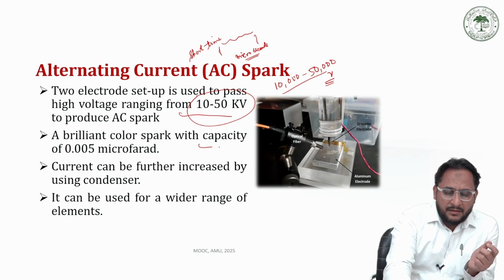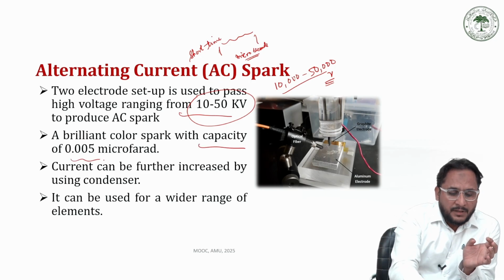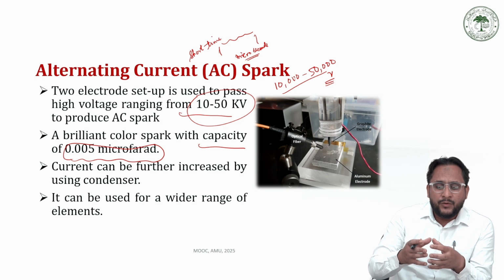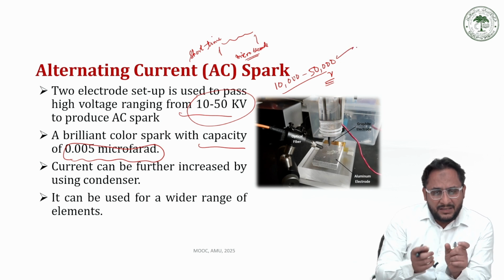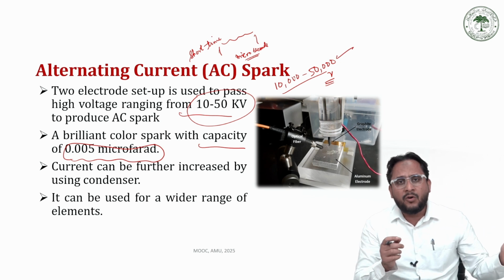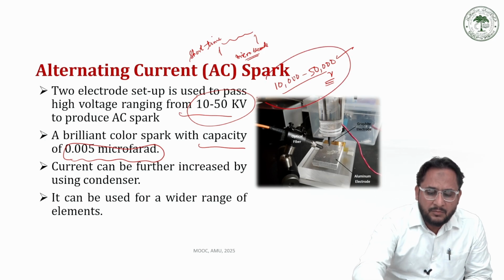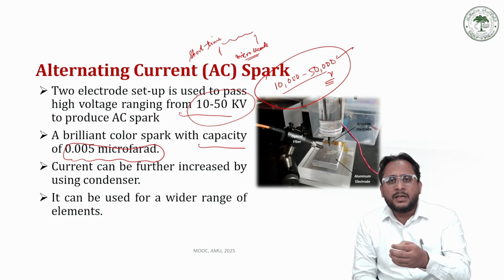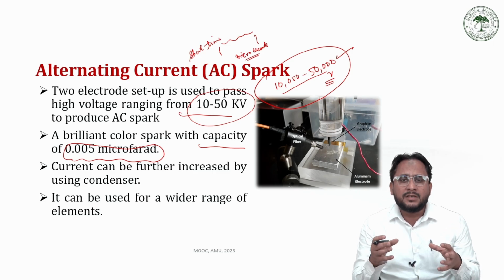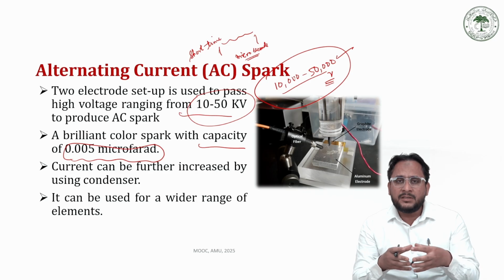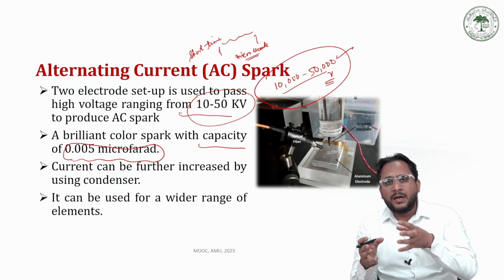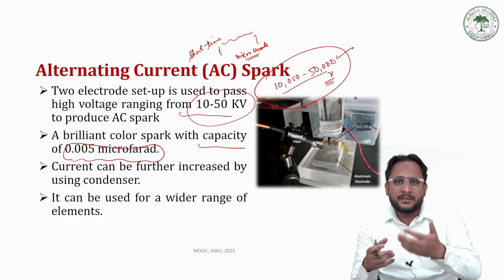So the capacitor which is used has a capacity of 0.005 microfarad, and that capacitor is charged with such a high voltage, and then it is allowed to transfer all of its energy, all this charge, within a fraction of a second to the electrodes, so that a very high energy spark is created, that has sufficient energy to transform all the sample into excited individual atoms, which then creates an emission spectrum.